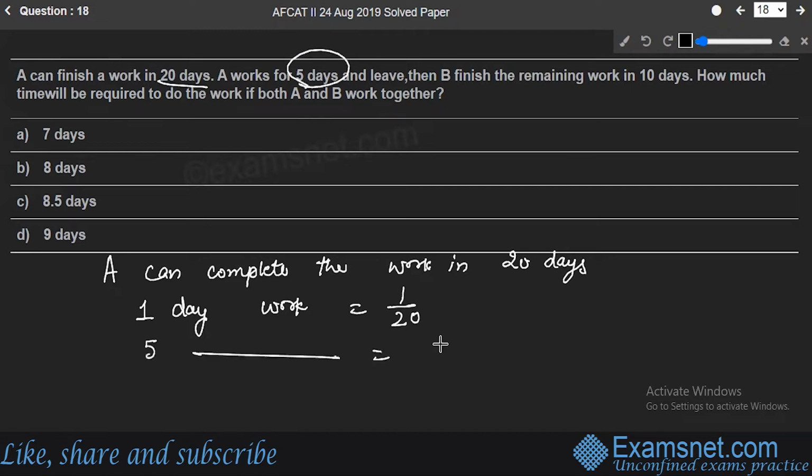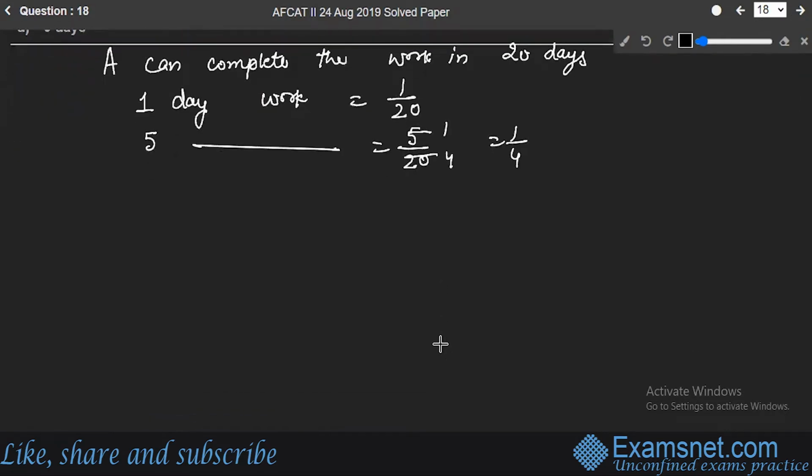So 5-day work will be 5 upon 20, right? So what will be this? 1 upon 4. So 1 upon 4 work is done by A in 5 days. What will be the remaining work? If 1 by 4 work is completed by A, then remaining work will be 1 minus 1 by 4, which will be 3 by 4. Correct. So this much work is remaining.